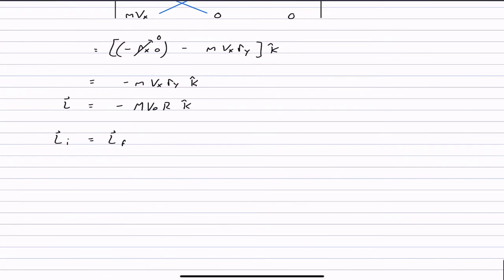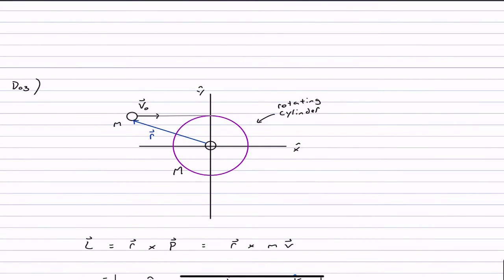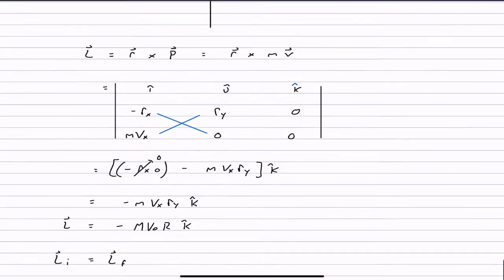So let's consider the initial angular momentum of the system. We're told that initially this thing is at rest, so the only thing in motion is this. So we're going to consider this angular momentum as the initial, and then we will figure out how fast these two things are moving together as this sticks together.